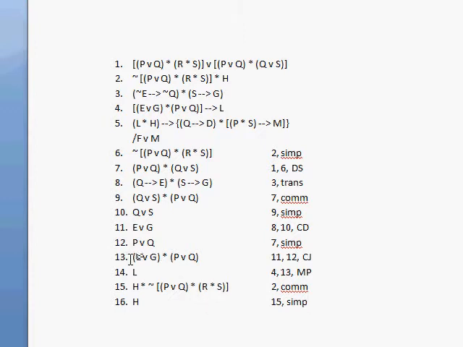Again, starting from premise 13, we were able to get E or G and P or Q through conjunction on 11 and 12. From there, we were able to use this to do our modus ponens with premise 4 and get L right here. Then after we got L, we want to get this conjunction right here, L and H. So to do that, we need to get H, which is in premise 2.